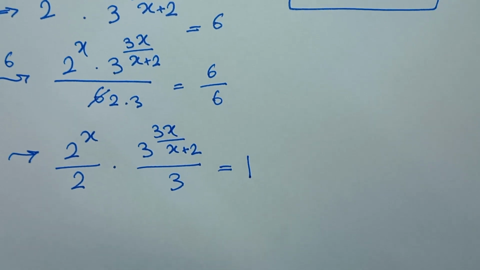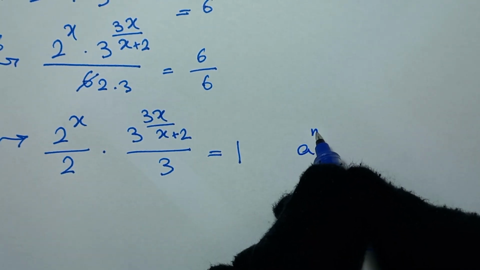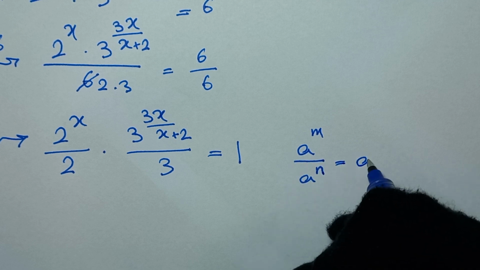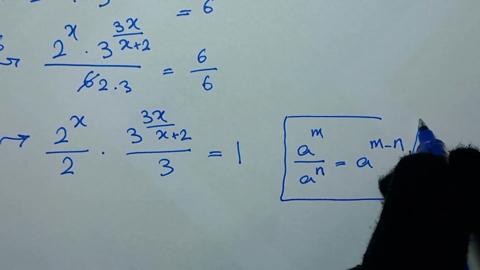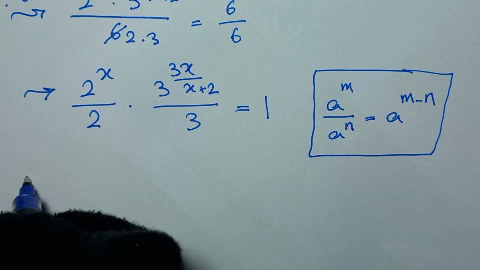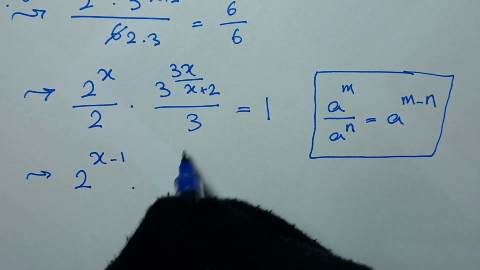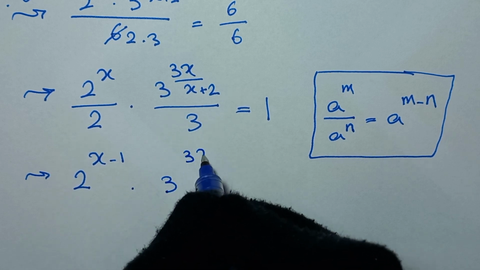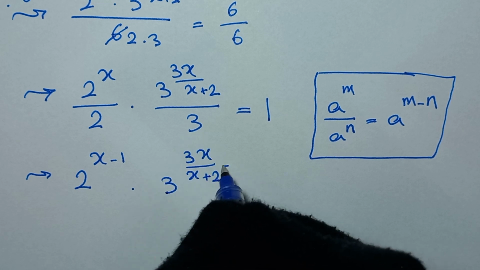And in next step, from exponential rule, if we have a to power of m over a to power of n, we can write this as a to power of m minus n. So, from this formula, we can write this fraction as 2 to power of x minus 1 and times, in here, we can write this as 3 to power of 3x over x plus 2 minus 1, right?